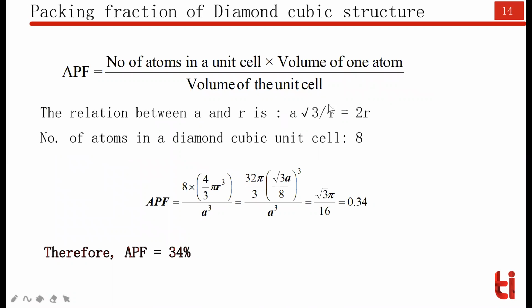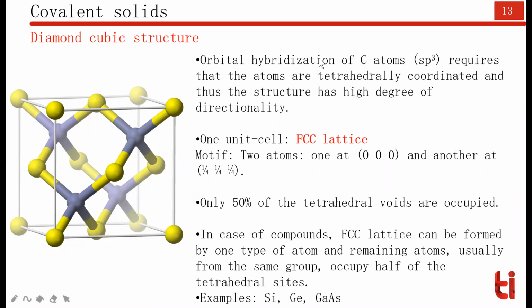The first lattice position from the corner lattice point to the tetrahedral void is 1/4 of the total length of the body diagonal. Let me show that here.